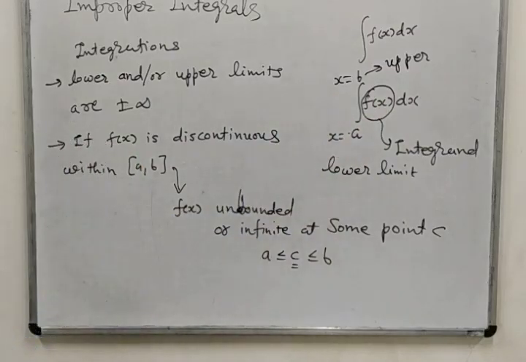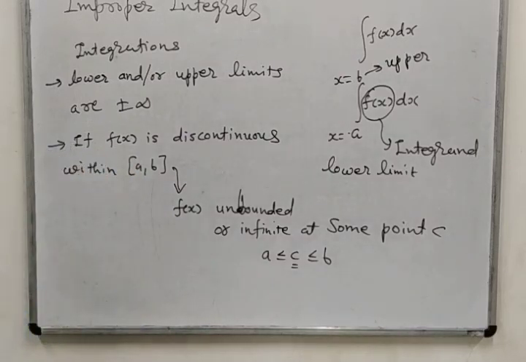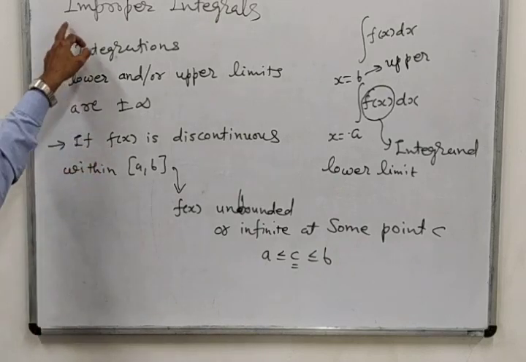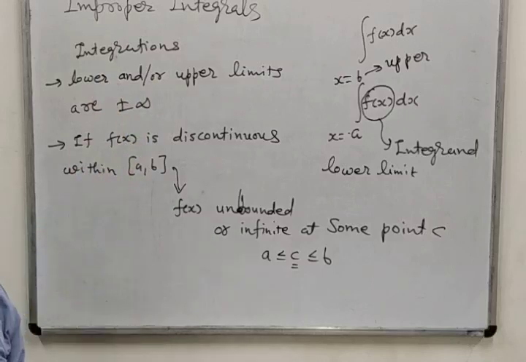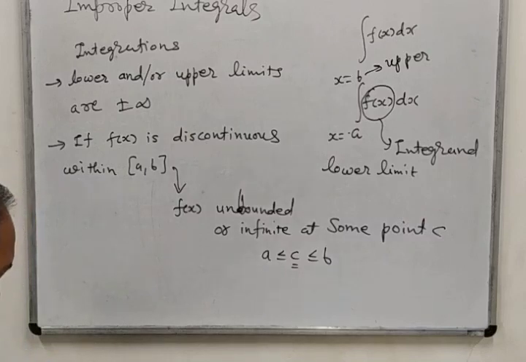Okay, so the integrals which are not improper are known as proper integrals. So in 12th standard you have not seen this kind of integrals, improper integrals. So here we want to discuss and think about improper integrals.